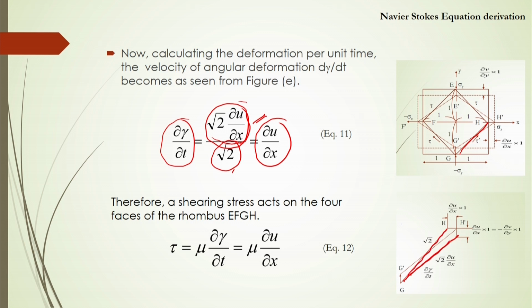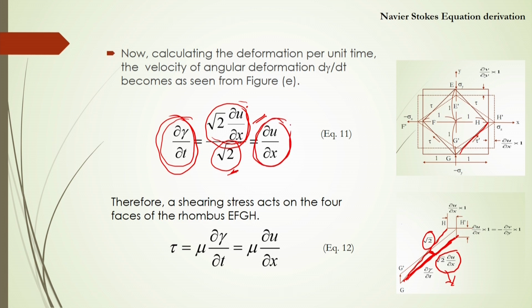So, from this, how will the angular deformation come? Suppose in this direction there is an elongation. After elongation, this will change by root 2 ∂u/∂x, and this was divided by the initial length. So, final divided by initial, that is the increment, and you get the elongation angular deformation. So, it will be ∂u/∂x.